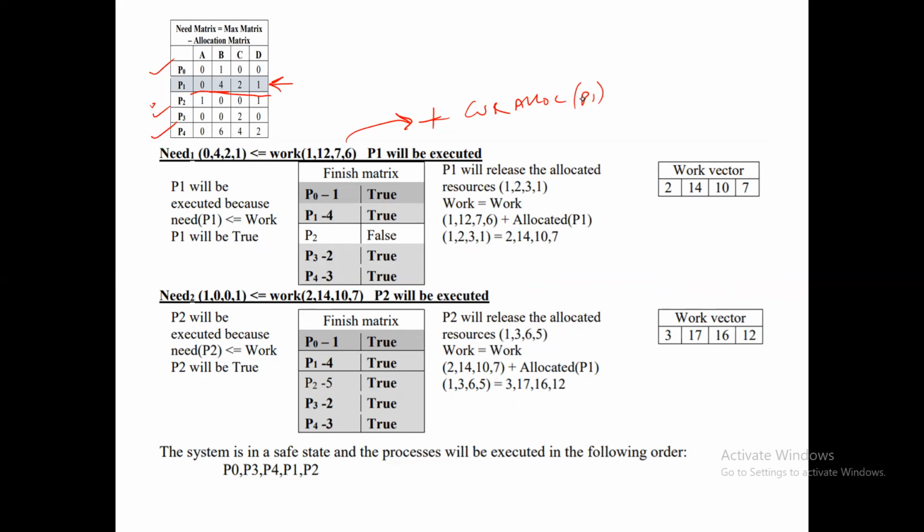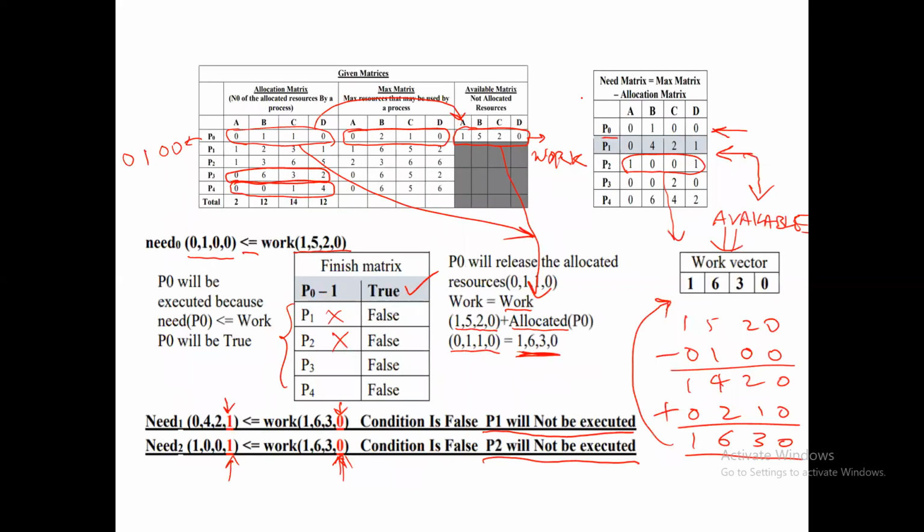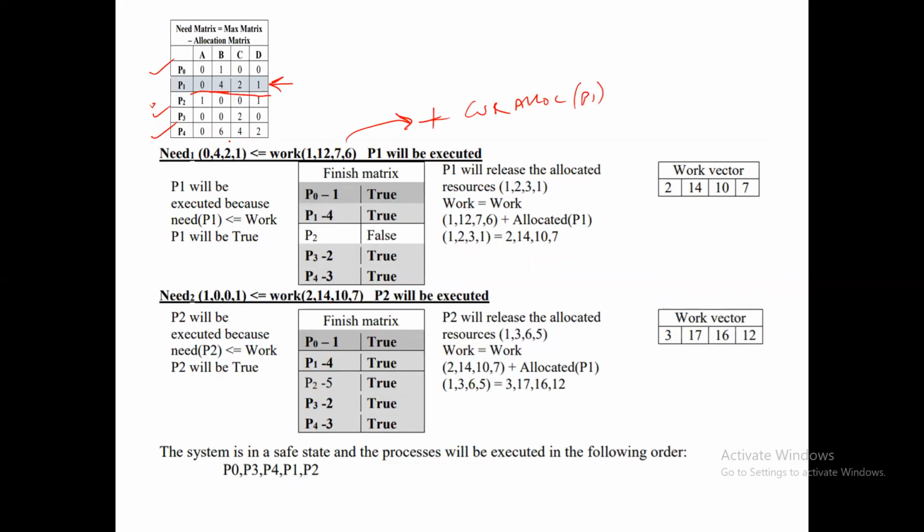What is the current allocation of P1? Current allocation of P1 is 1231. So 1231 we add to 11276 to get 24107. Obviously P1 has also completed.